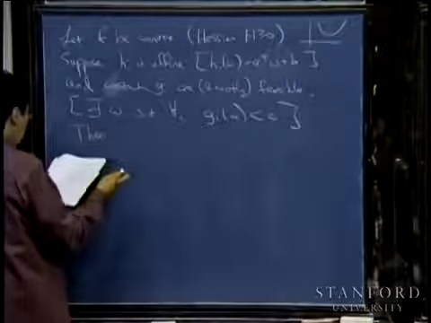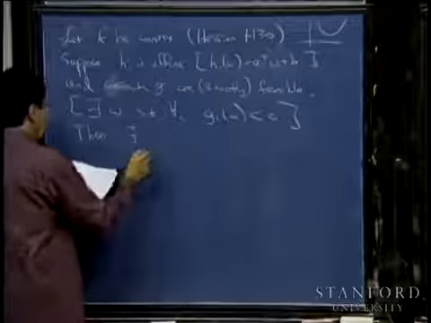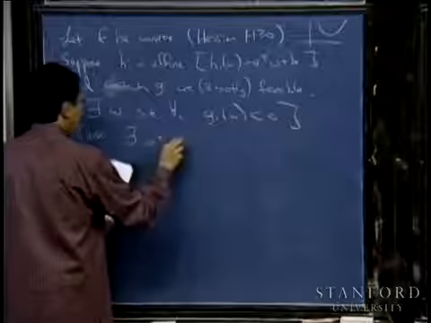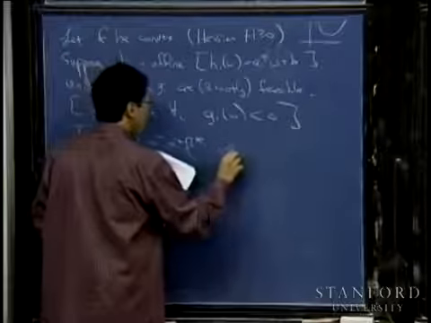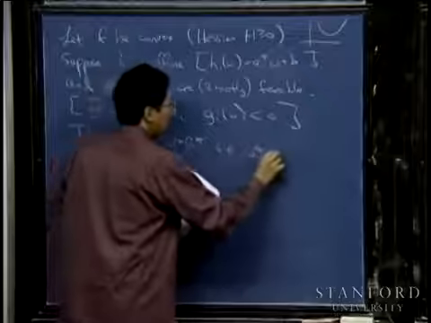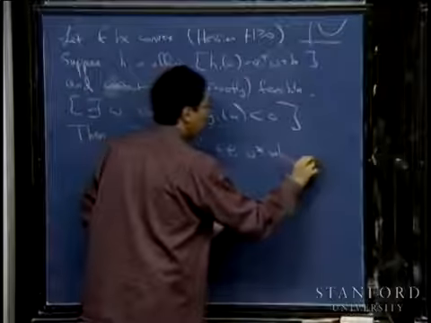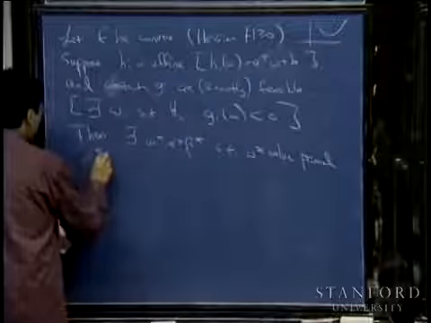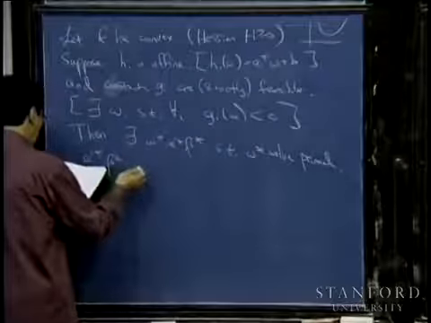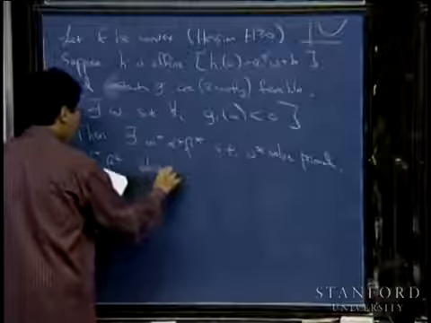Under these conditions, there will exist w star, alpha star, beta star, such that w star solves the primal problem, and alpha star and beta star, the Lagrange multipliers, solve the dual problem.